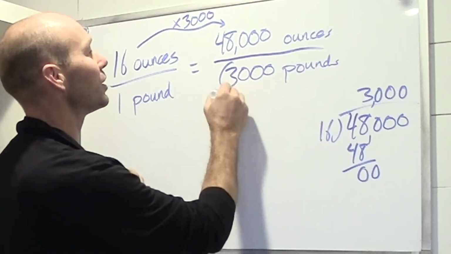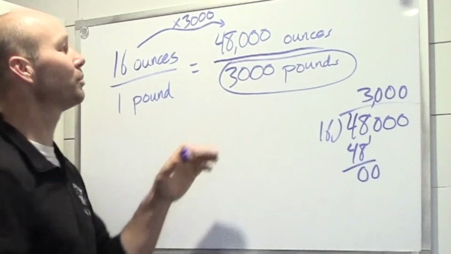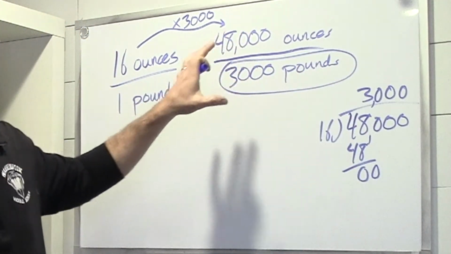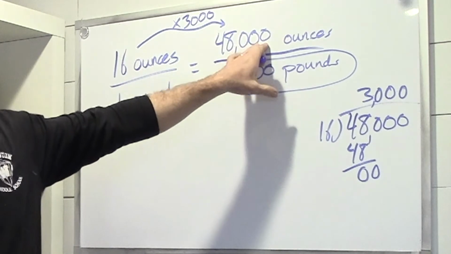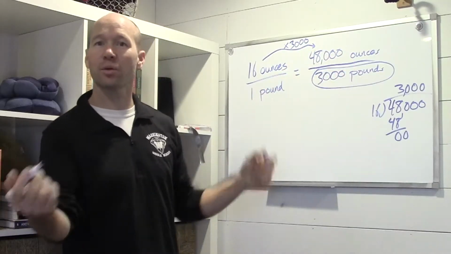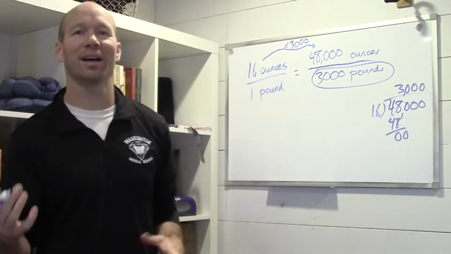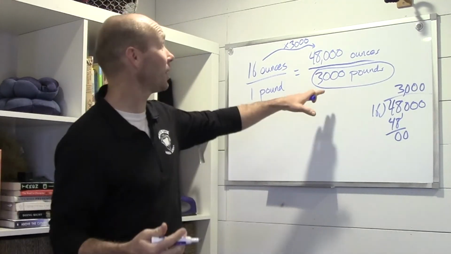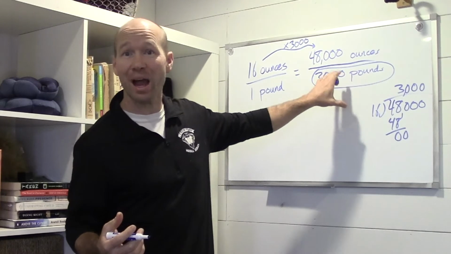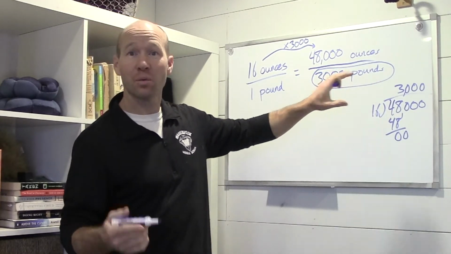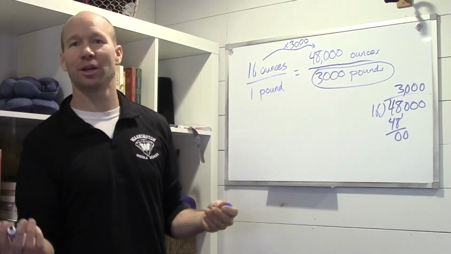So I know there are 3,000 pounds in 48,000 ounces. But is that the question? No, it's asking me how many tons the hippopotamus weighs. If it weighs 3,000 pounds, I need to start with another unit ratio that I know.